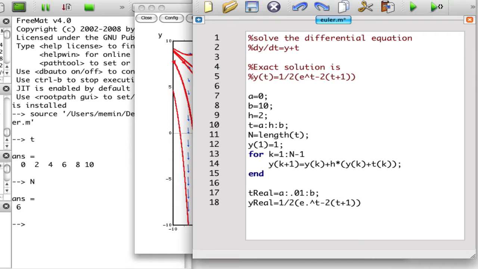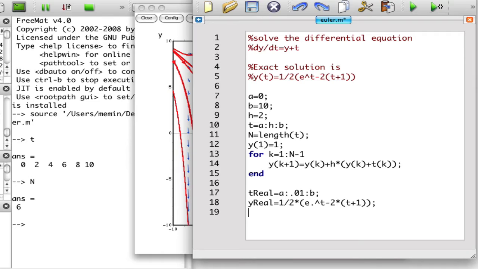Yep. What else? Parentheses around the 1/2. You don't need the parentheses there, but you do need times. Okay, so 1/2 times e raised to the t with a dot, and then minus 2 times t plus 1. Okay, and that should work.